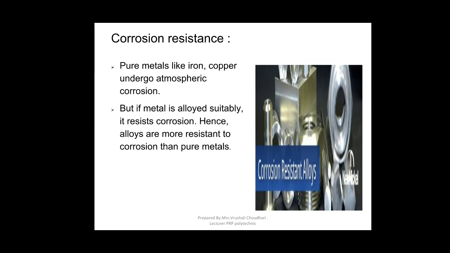Corrosion resistance. Pure metals are highly reactive, because they have free electrons, they easily react with atmospheric gases like oxygen, carbon dioxide, sulfur dioxide, and after that reaction they form metal oxide. That process is called corrosion.